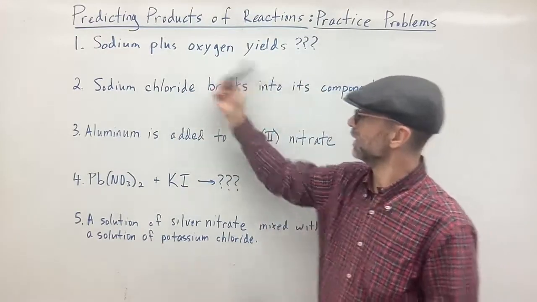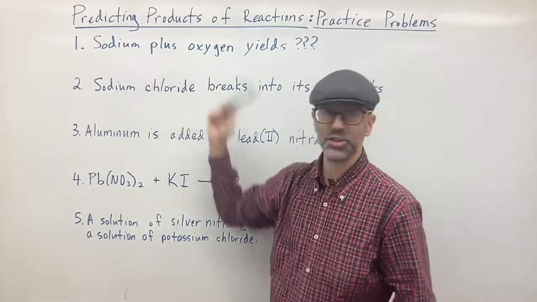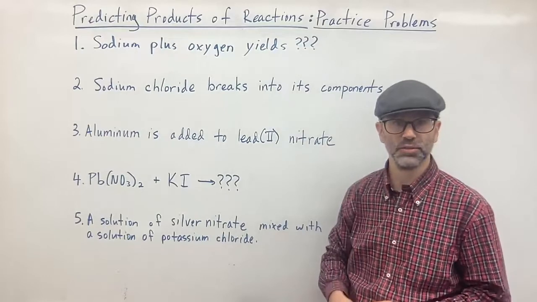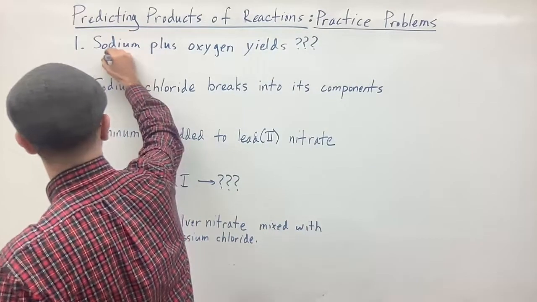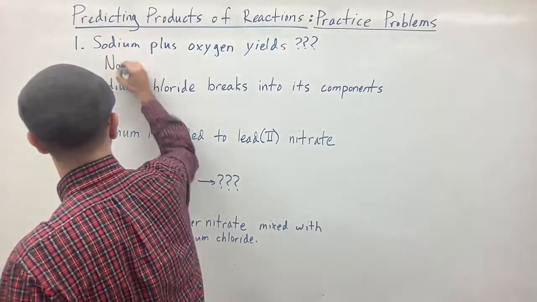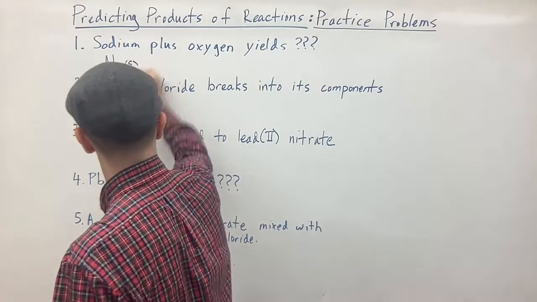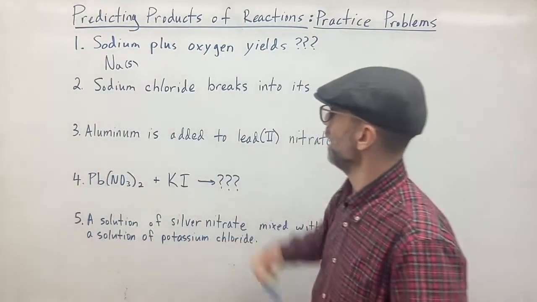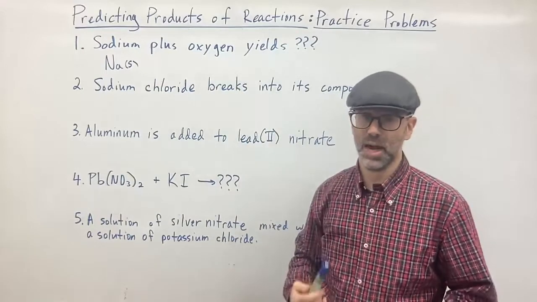So we're given in words that sodium is put together with oxygen, so we need to write down the formulas from the words. So we write down Na for sodium, and that's going to be solid, and oxygen. And so we need to remember that oxygen is one of the diatomic elements.